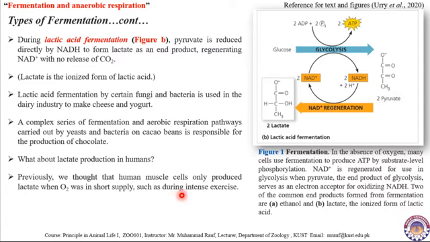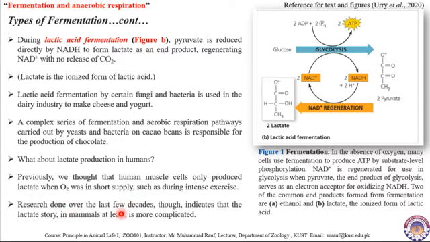So when there is intense exercise going on, of course ATPs are used, and the process of glycolysis occurs again and again, and because this process is occurring again and again and there is short supply of oxygen, the pyruvate cannot move ahead and participate in the Krebs cycle and electron transport chain. So the alternative to get rid of NADH is to reduce pyruvate and form lactate.